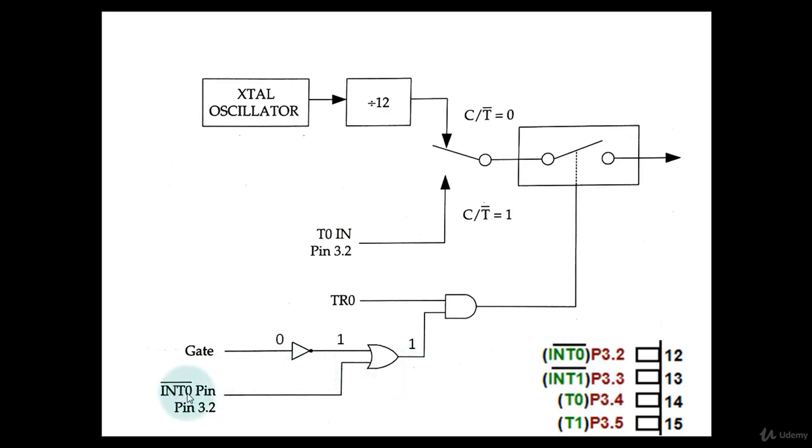So whether INT0 bar pin is 0 or 1, the output will always remain 1 here because it's an OR gate. That means the full control is on TR0. So if TR0 is 0, this hardware module will be off. If TR0 is 1, this hardware module will get turned on.